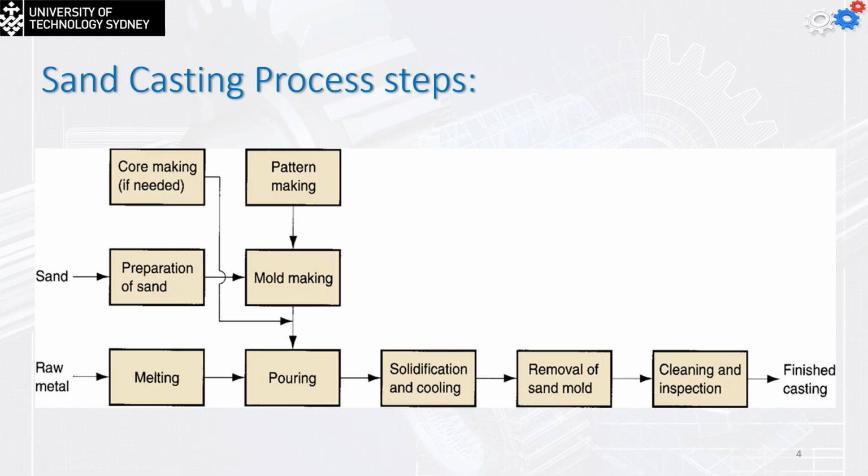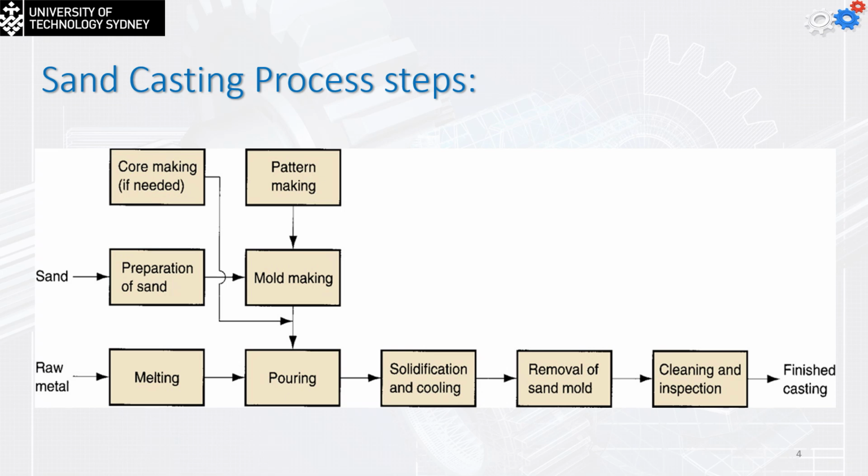Then raw materials preparation, melting of the raw materials, and pouring into the mold cavity, solidification and cooling, removal of the sand mold, cleaning and inspection, and we have the finished casting. That's straightforward. Once again, that's the flowchart of the sand casting process.